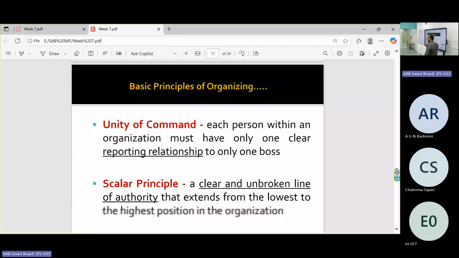Then the unity of command is another one, but when we have a matrix relationship, this cannot be seen. Each subordinate in an organization should clearly report to one boss. Authority and reporting should be extended from the lowest level to the highest position.